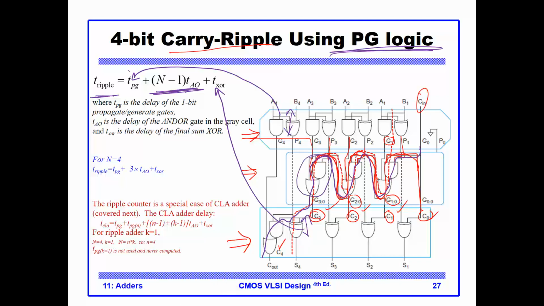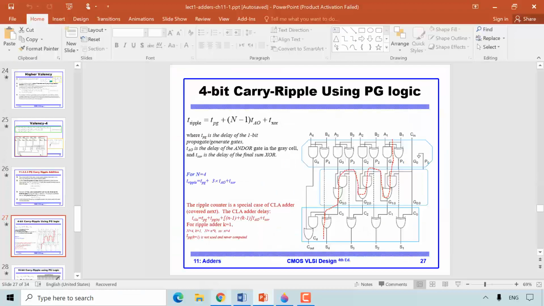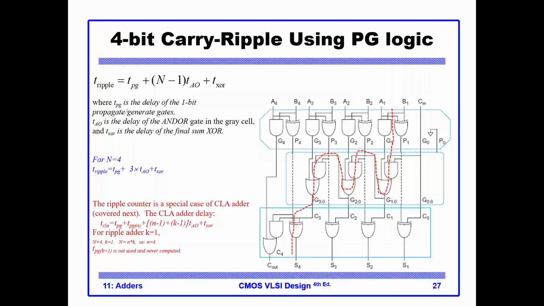These are PG, the delay through these, and the XOR, the delay through these as well. And then here, it turned out these gates, I call them AND-OR.